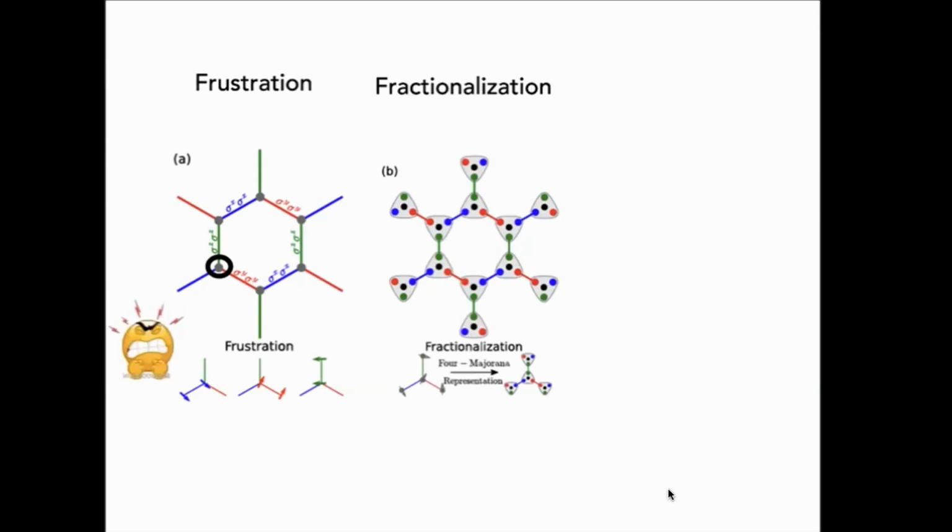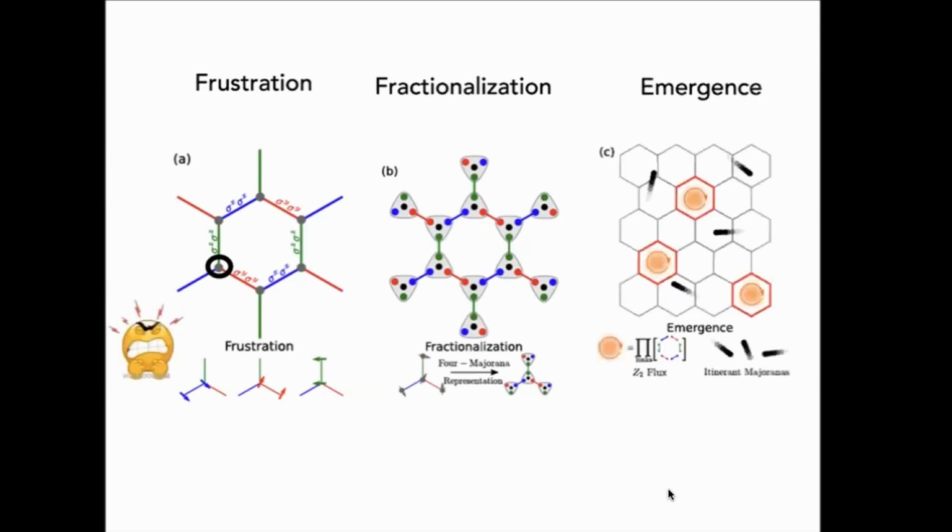So because of frustration, this spin degree of freedom now fractionalizes into, in this case, 4 Majoranas, and 3 of the ones which are judiciously colored form the link variables with the red and the other links. And that should remind you about A dot dl from your E&M.